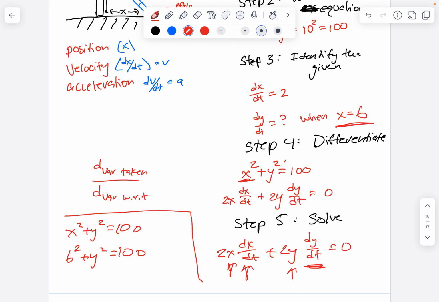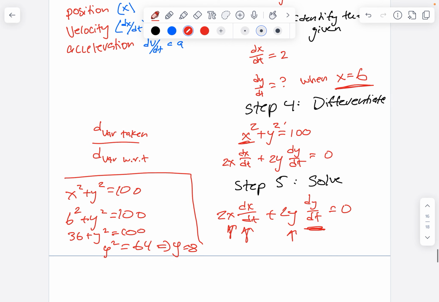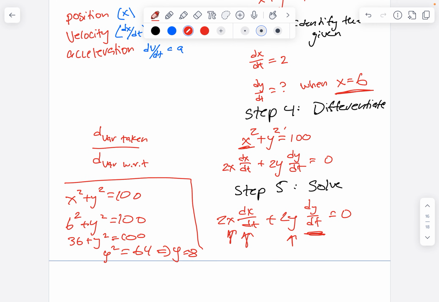And now let's rearrange everything. So this becomes 36 plus y squared is equal to 100. y squared is equal to 64. And that gets you y is equal to 8. All right, so now that we know y, the position of y, when the position of x is equal to 6, we can go back to this part right here and solve for the unknown, dy/dt.